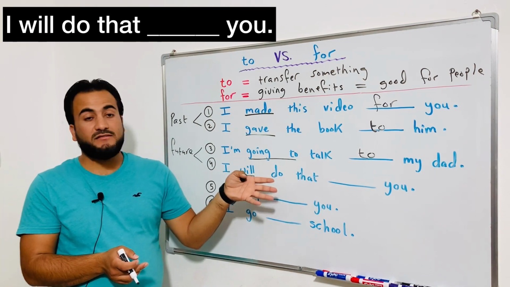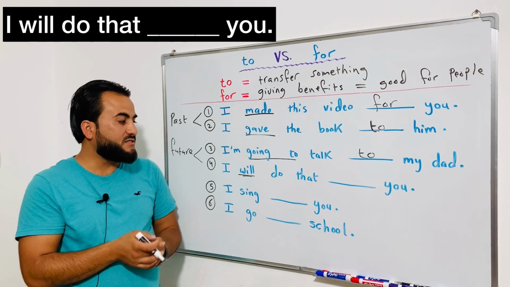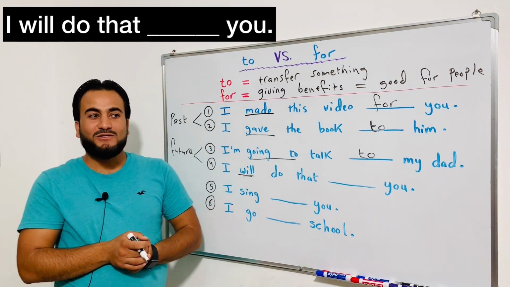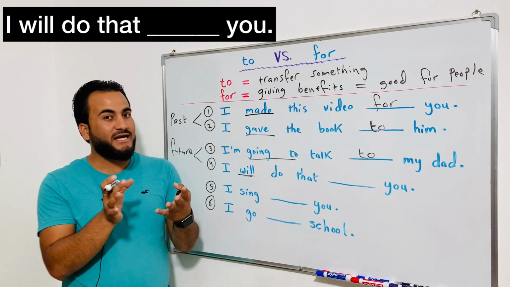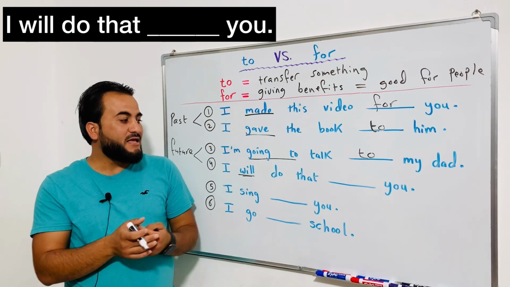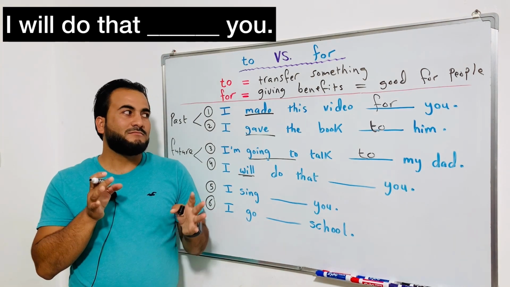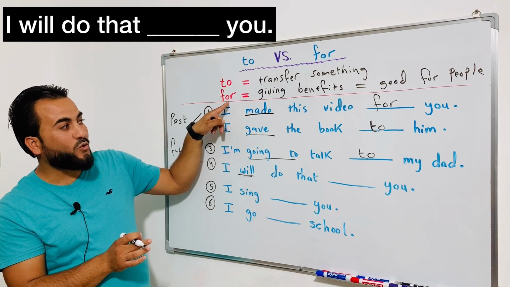I will do that. أنا بدي أعمل شيء. بدي أعمل لك شيء. بدي أقدم لك شيء. بدي أساعدك بشيء. Okay. It's a kind of help. معناها أنا شو لازم أستخدم؟ What do you think? Okay. Then the answer is for.